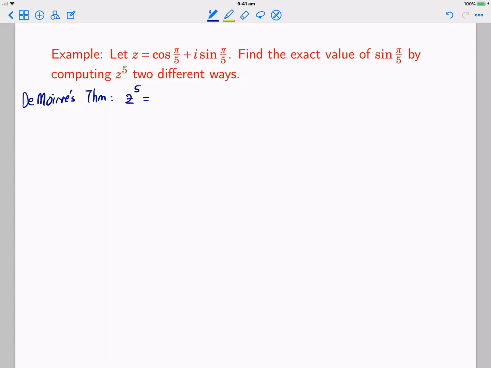And because the angle is pi on 5, I'm just going to multiply that by 5, which gives me pi. So I get cos pi plus i sine pi. Now sine pi is 0, cos pi is minus 1, so this comes out to be minus 1.